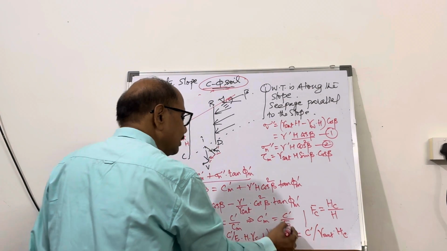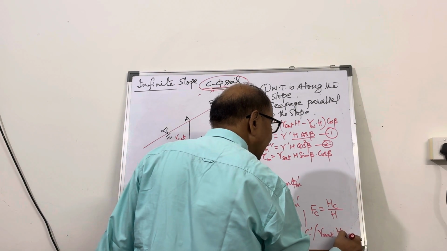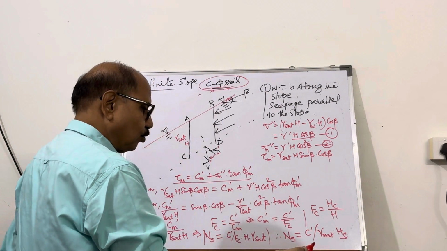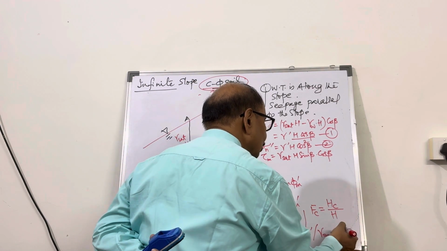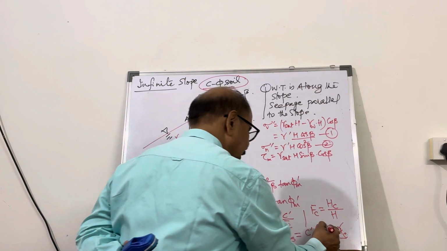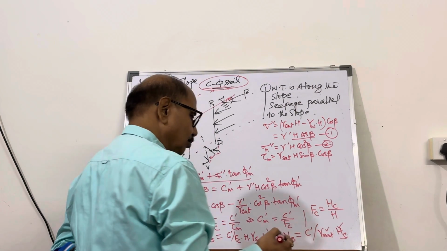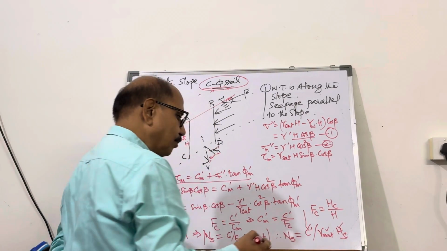Now, the stability number you can calculate. If the critical height, let's say you have calculated it as something like 15 point some meters, 15.3 or so, this is known to you. Gamma saturated you had taken as, let's say, 20. C prime was 50 kilopascal.